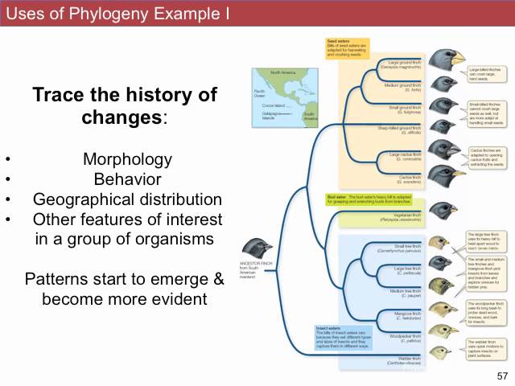So phylogenetic trees in and of themselves are not the point here. The point here is that they represent the history of life on this planet, and that they help us interpret and understand the current life on this planet. And that's what we will cover in the next few lectures.